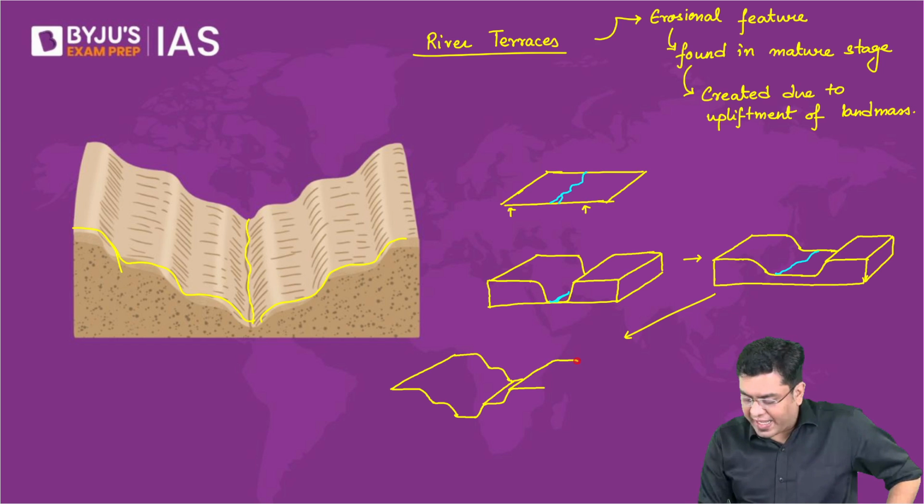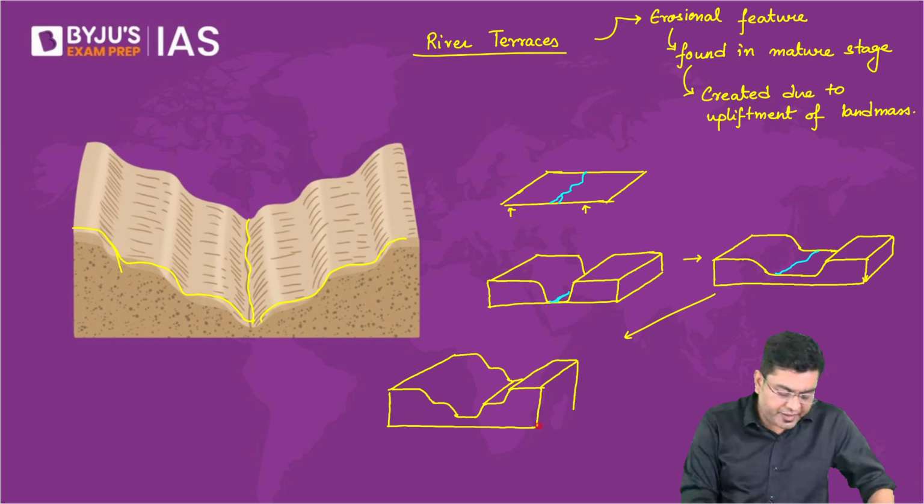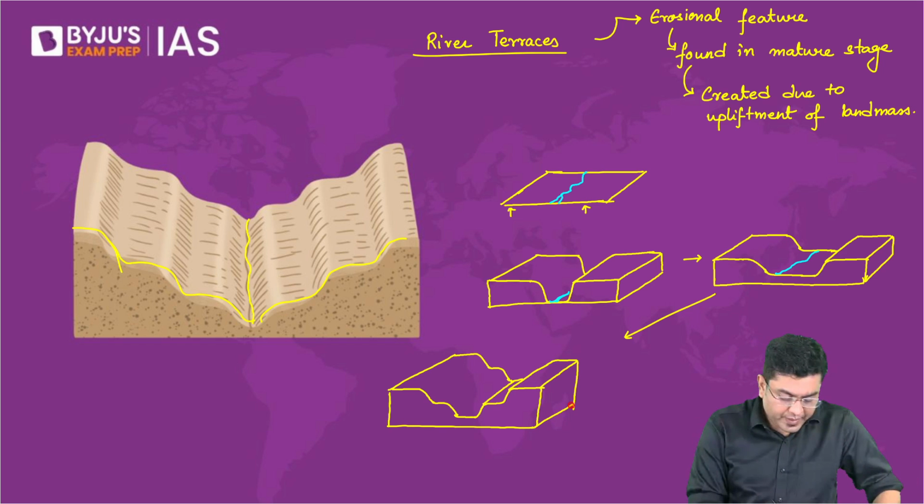So what you have as a structure which is evolving is what? A step-like feature, isn't it? A kind of a step-like feature is evolving here, right? A staircase-like feature. So here, the river will be moving at the base here.